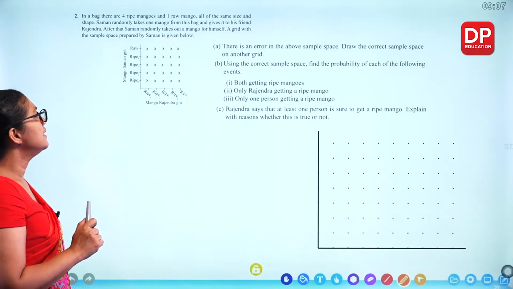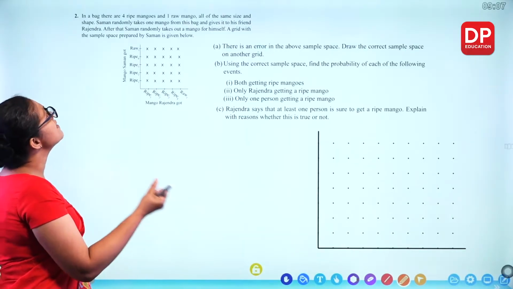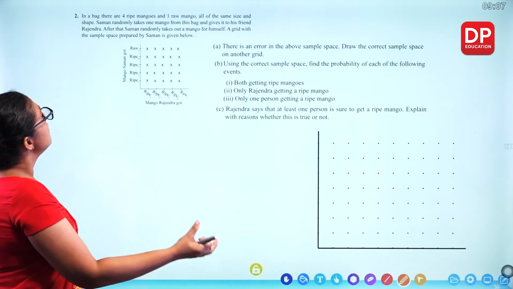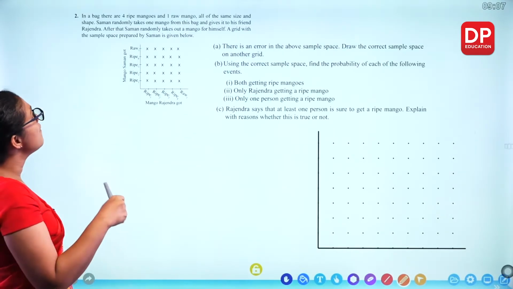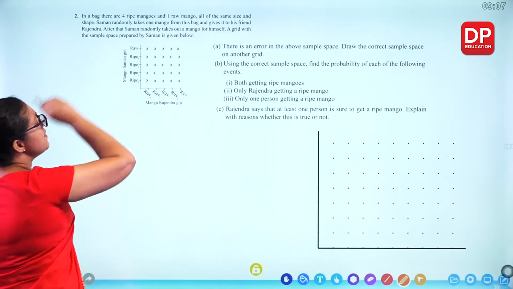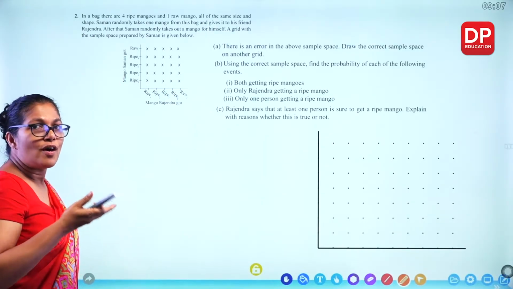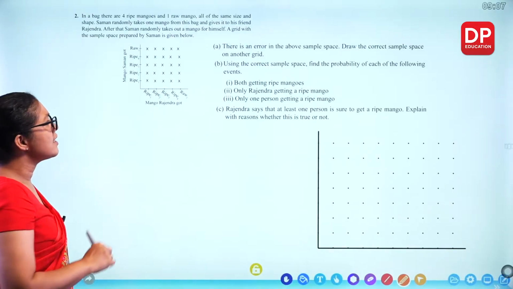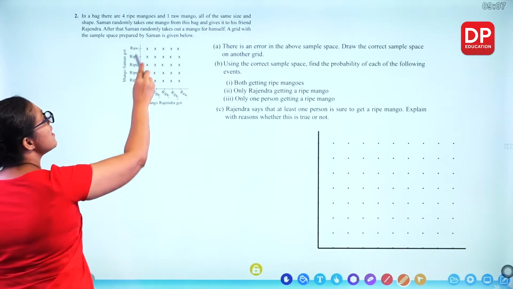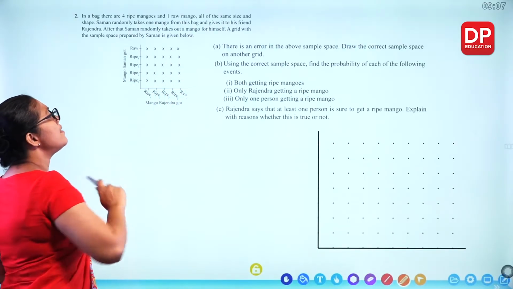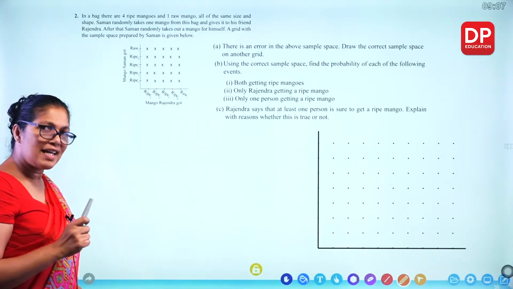What happens here? After he takes a mango, he gives that to Rajendra. After that, he is not taking it back. So this is a dependent case. Here he drew the sample space grid for the independent case.